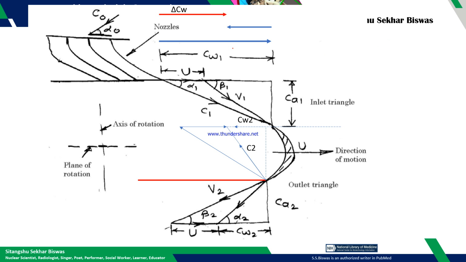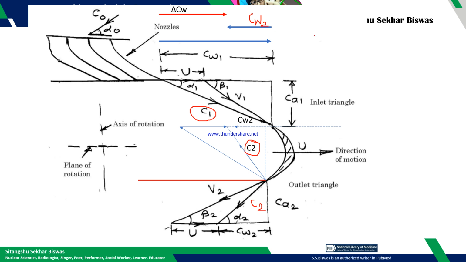As I told, the contribution due to impulse is basically due to the absolute velocity of the steam. So at the inlet it will be C1, and at the outlet it is C2, and this is your CW1 and this is your CW2, which are the whirl components.